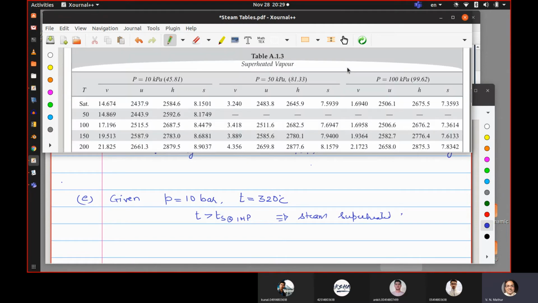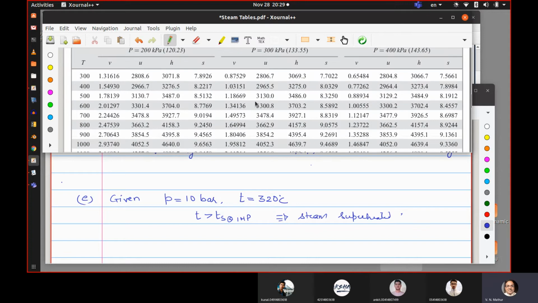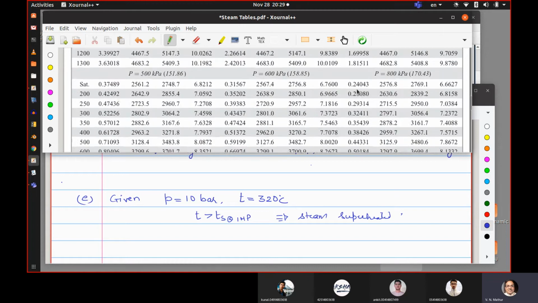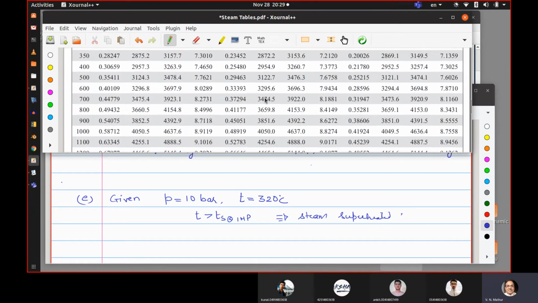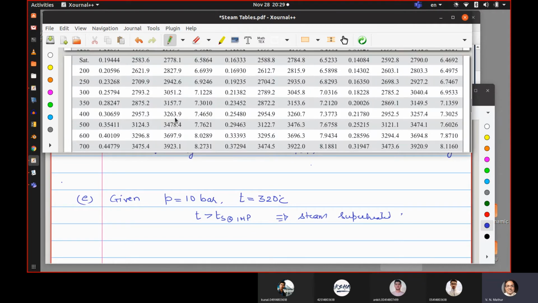So these tables are A 1.3, 10 kilopascal, 50 kilopascal, 100 kilopascal. What we are looking at is 1 megapascal. So 1 megapascal is, this is 1.6.